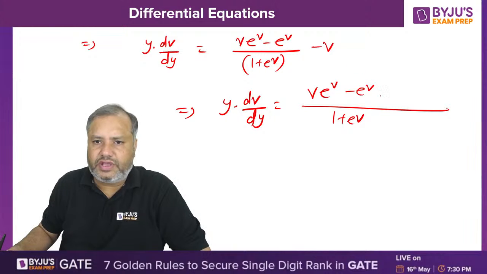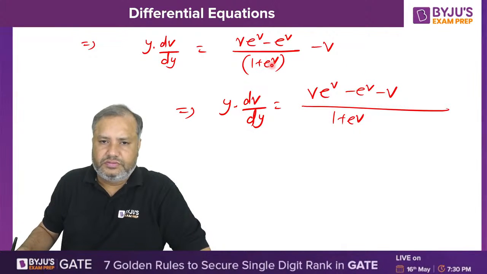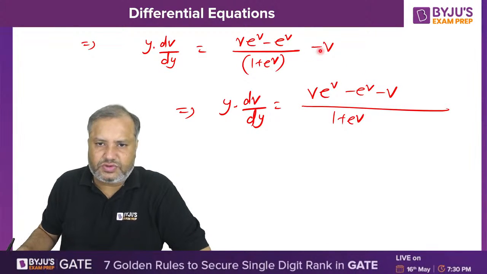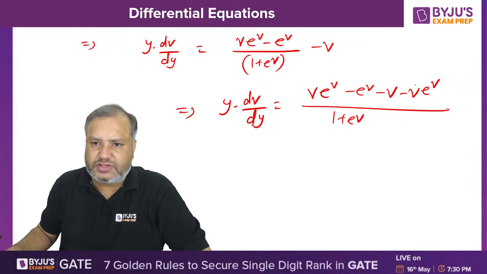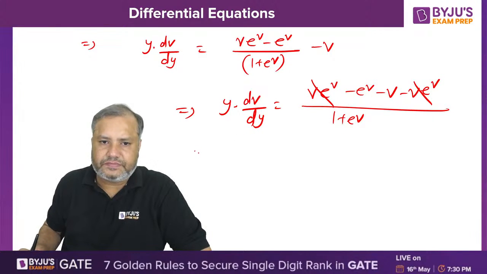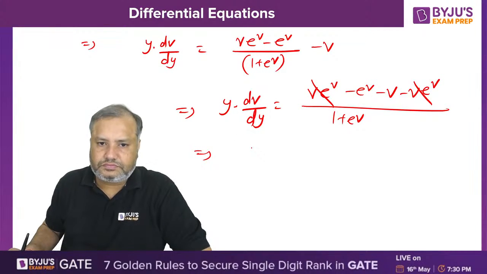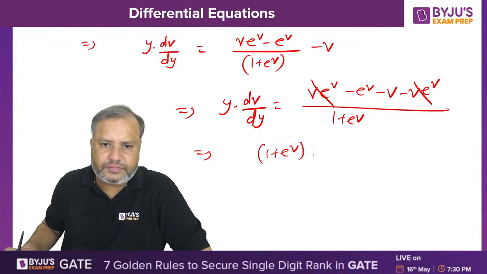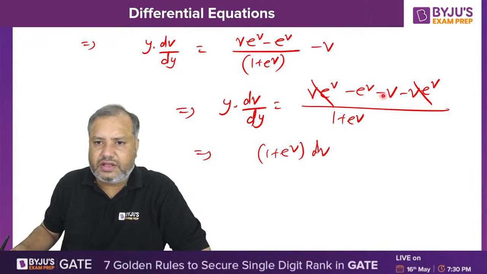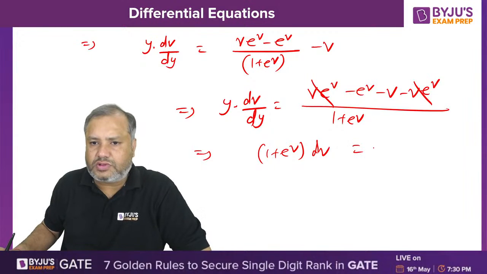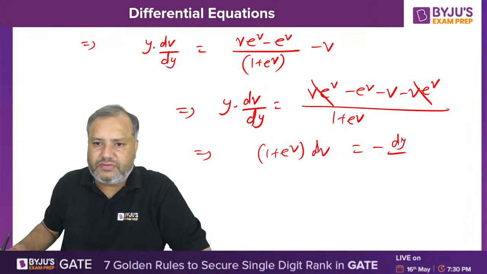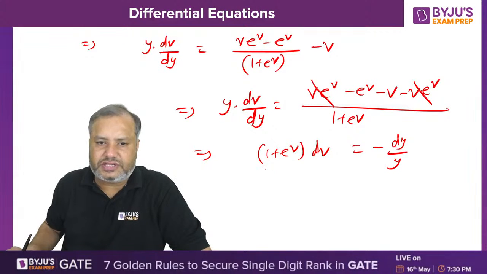So 1 into v is minus v, and e raised to v into minus v is minus v e raised to v. So these two terms get cancelled. Separate the variables. So 1 plus e raised to v brought to the numerator, dv is there, and this minus is taken common on the right hand side, dy upon y, and this v plus e raised to v is brought to the denominator.